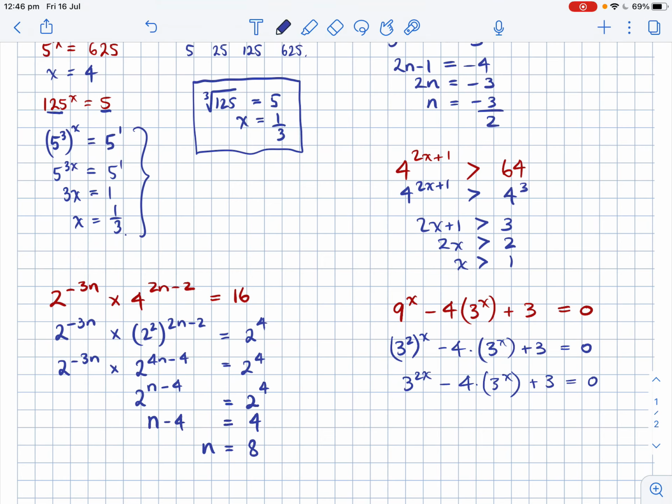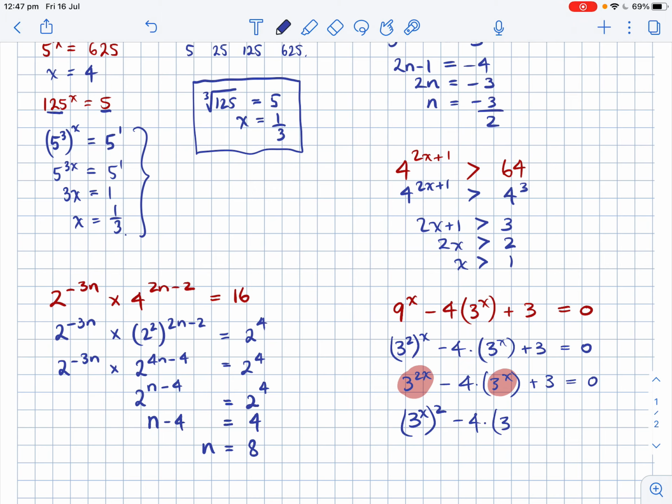And what I'm going to propose to you is this expression here has a 3 to the power of 2x and a 3 to the power of x. If I want to be really creative, I could say that this is 3 to the power of x to the power of 2. Because when I have a power to a power, I times them. That would be an equivalent expression.